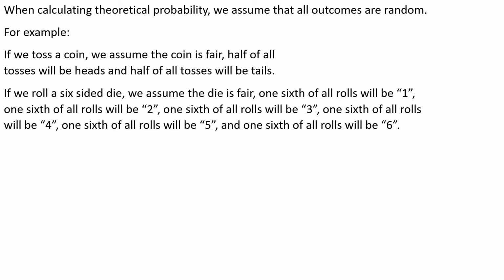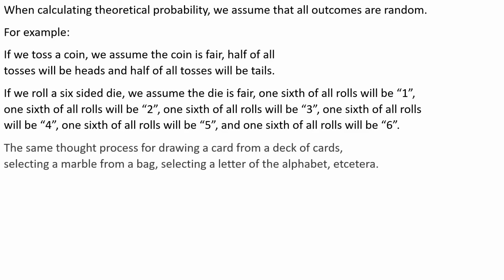You'll also notice that the dice are clear, translucent, so you can see that they're not weighted on the inside. But if we pick up a die and we roll it, we're going to assume that it's fair and completely random and that all the events will happen with the same amount of occurrence.